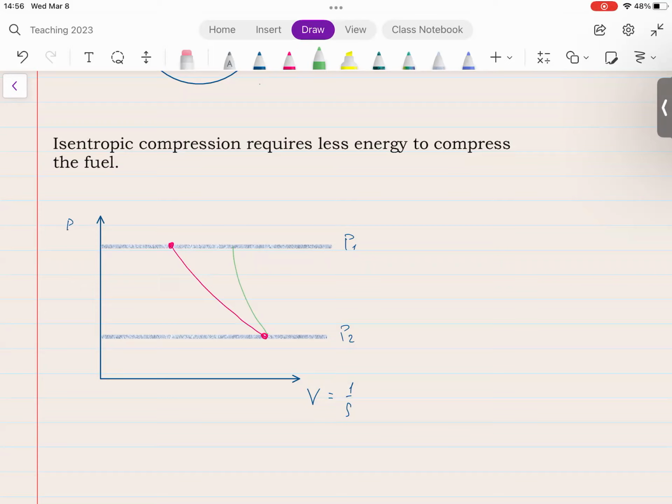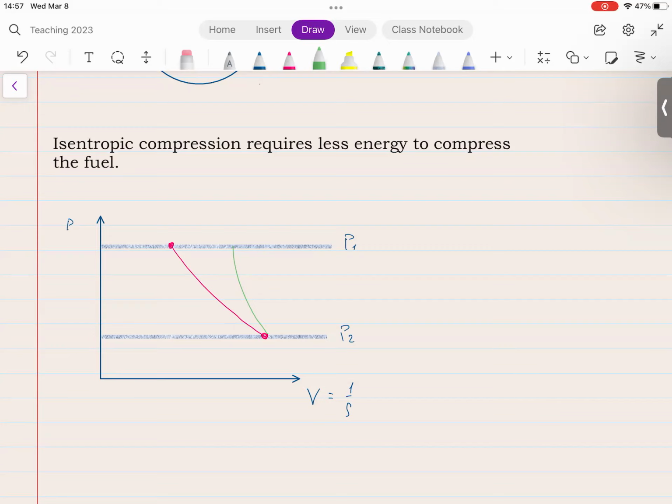It doesn't come back. But point being that the area under the curve is going to be bigger, and that means that this process requires more energy.